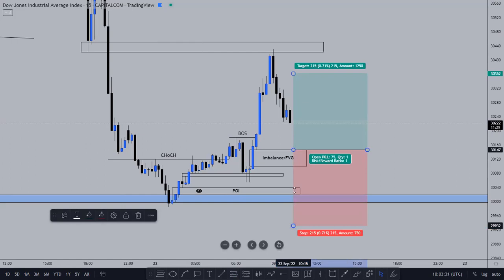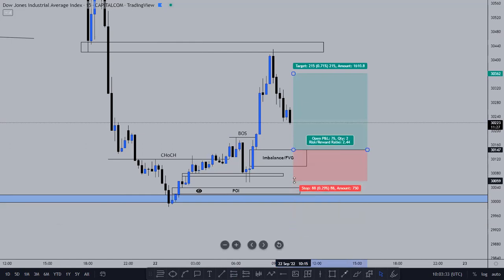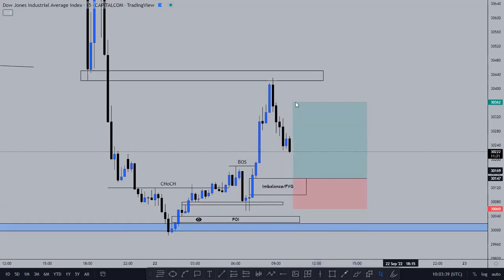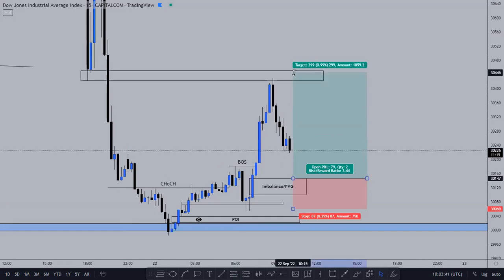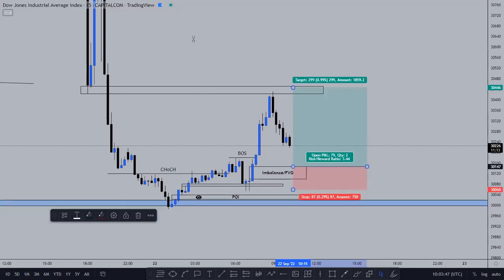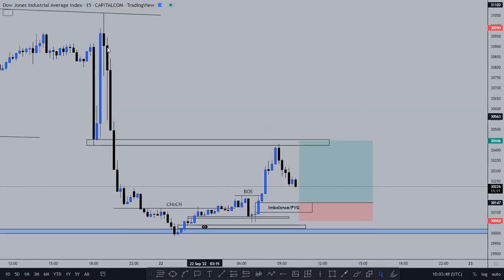My stop loss just below the zone, just below the imbalance and the order block. So once I enter there, I'm looking for my first target to be here. Second target, you're looking at the imbalance or the fair value gap or any order block at the top there.